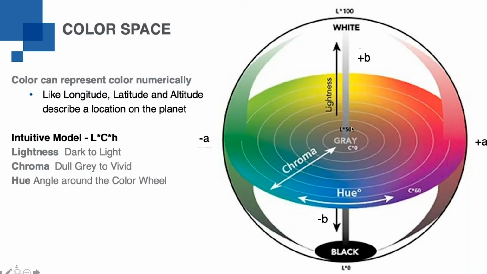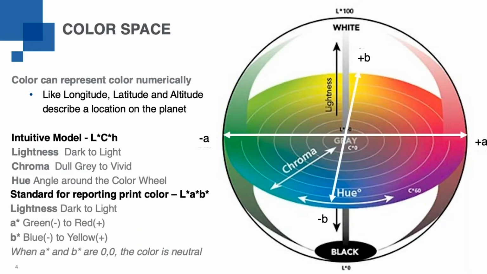Towards the center here, this is just all grays. As we move out from the center, we get to be more vivid in color. And then the hue angle, well, that's just going around the color wheel. 360 degrees around the color wheel will represent all the colors. So that's one way to look at color, and it will come into some methods we're going to tolerance later.